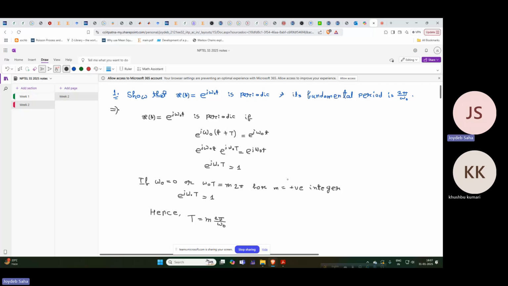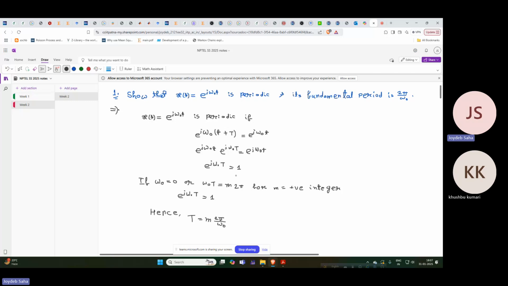So first we have proved that it is periodic if this value is satisfied, that means e to the power j omega 0 capital T is equal to 1. If this is satisfied, the given signal is periodic. And it is possible for omega 0 equal to 0 or omega 0 T equal to m into 2 pi.